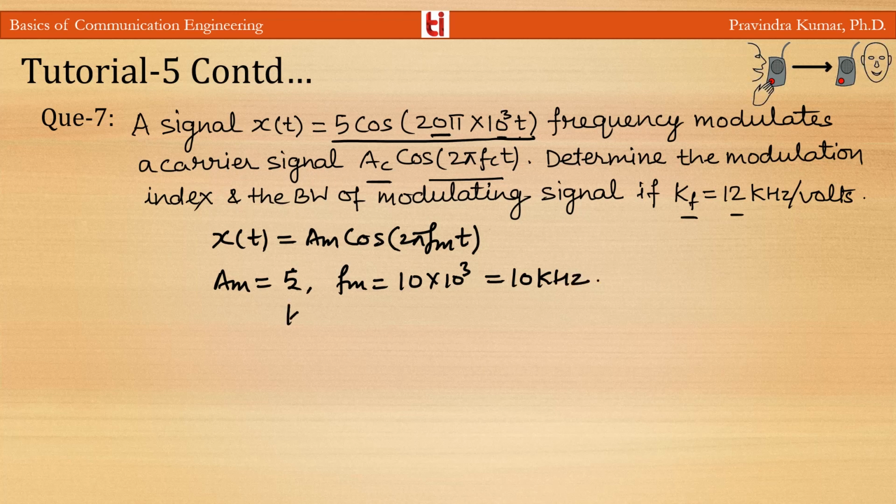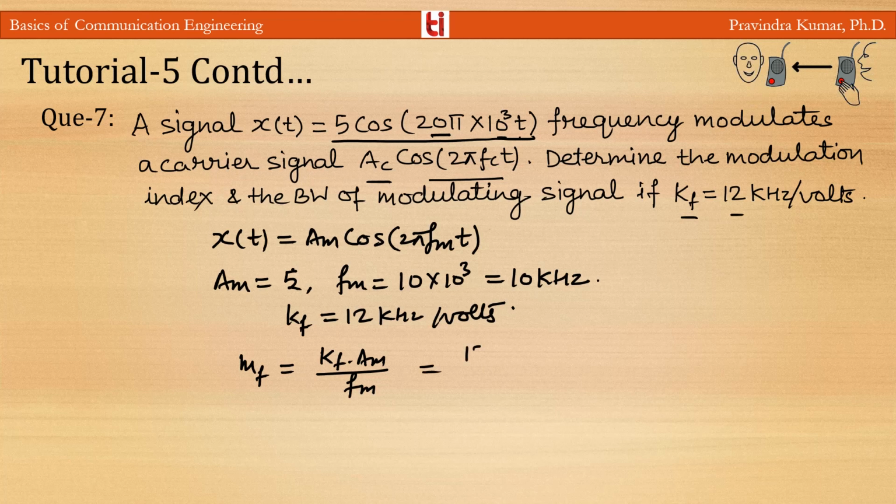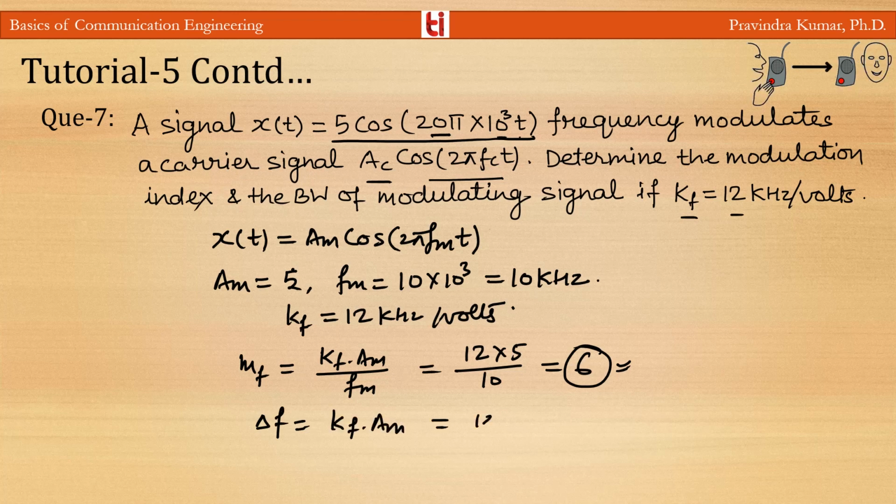Here kf is given as 12 kilohertz per volt. The modulation index mf is kf into Am by fm, which is 12 into 5 by 10, or 6. The modulation index is greater than 1, so this is a wideband FM system. The deviation Δf is kf into Am, which is 12 into 5, 60 kilohertz.